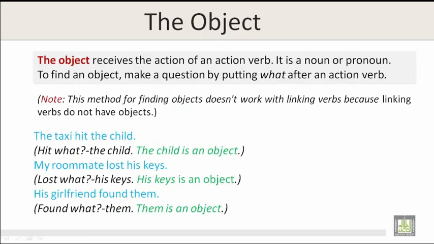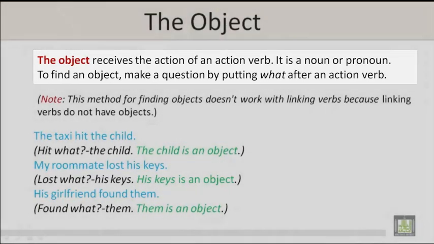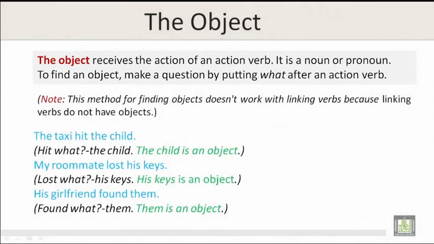And the object. The object receives the action of an action verb. It is a noun or pronoun. To find an object, make a question by putting what after an action verb. This method for finding objects doesn't work with linking verbs because linking verbs do not have objects. The taxi hit the child.